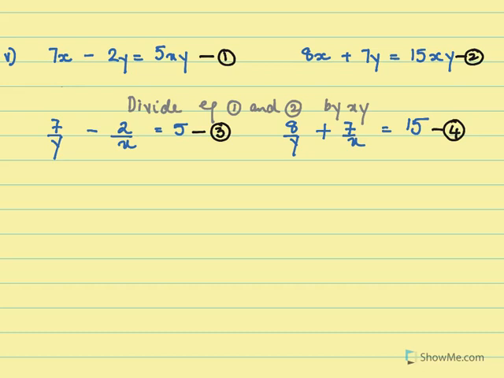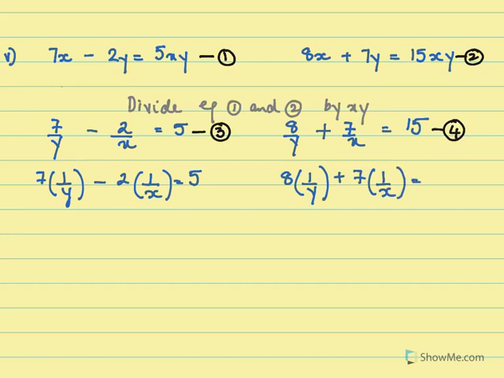And now I proceed by the normal method of separating the coefficient from the variable. So 7 is the coefficient, my variable is 1 by y. In this case 2 is the coefficient, variable 1 by x equals to 5. Here 8 coefficient, variable 1 by y plus 7 coefficient, variable 1 by x, and that is equal to 15. Now let 1 by y be equal to q as we normally do, and let 1 by x be equal to p.